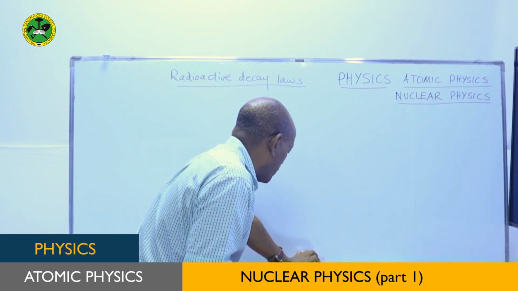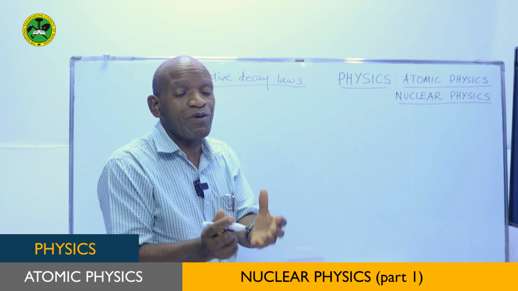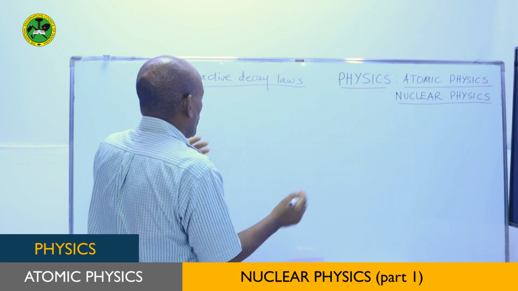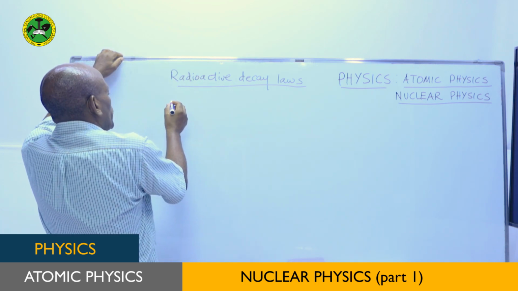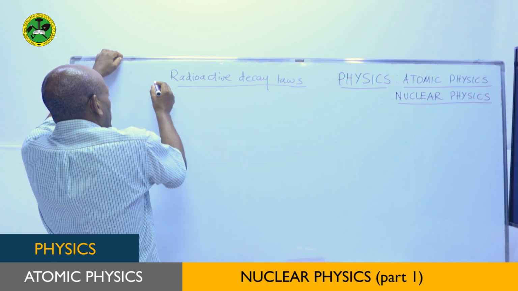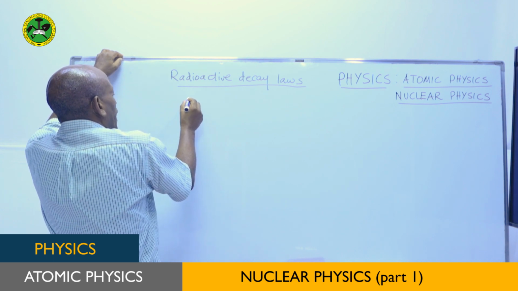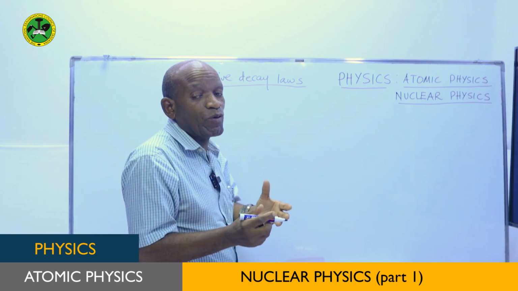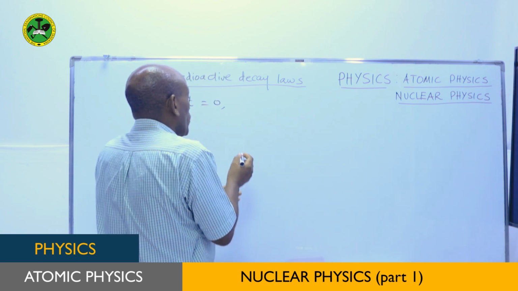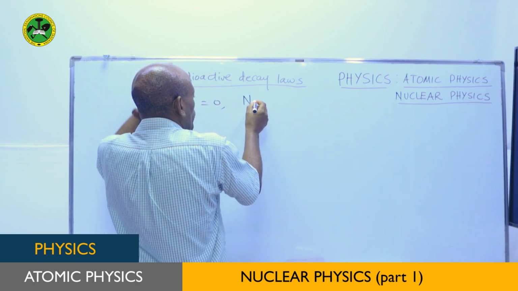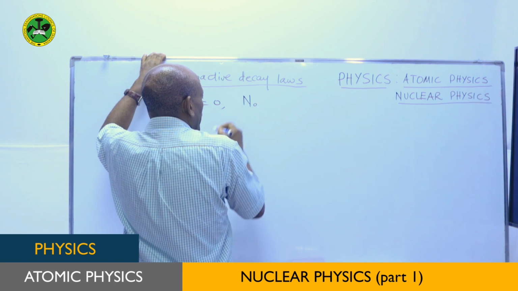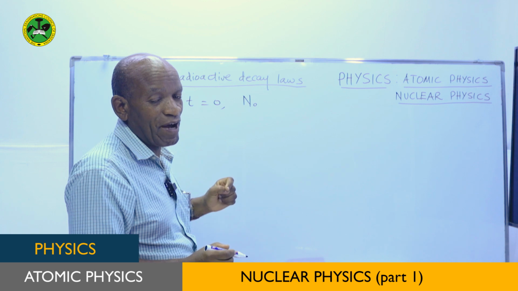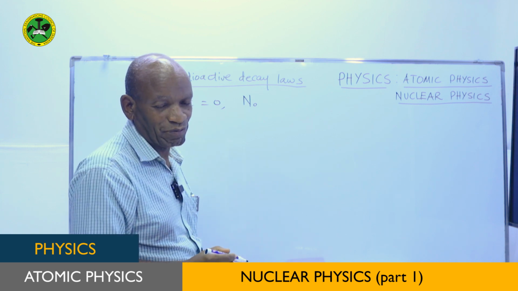Let us start. For example, we have a sample in a container of radioactive material or atoms. Then we can say that at time t equal to 0, the number of atoms in my container, let me take to be equal to N naught. So initially at t equal to 0, the sample I have in my container is N naught.